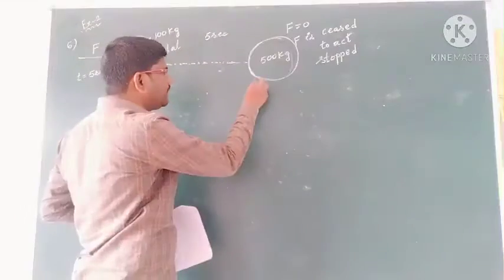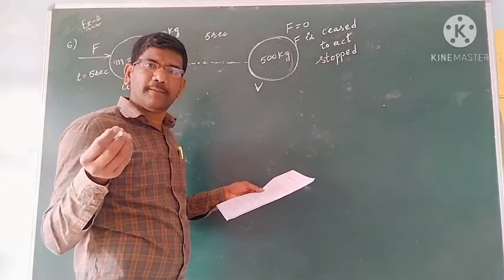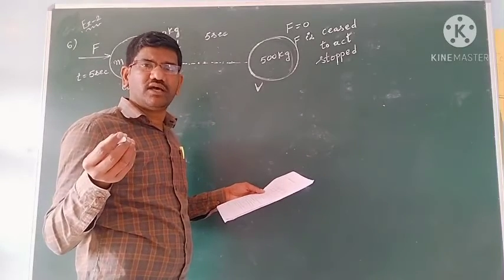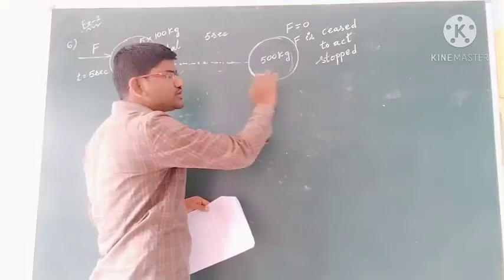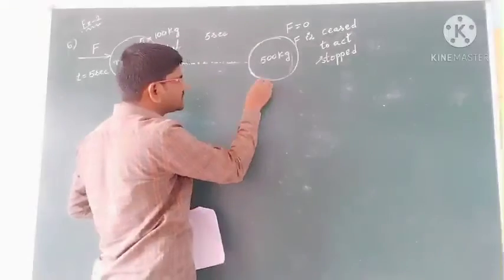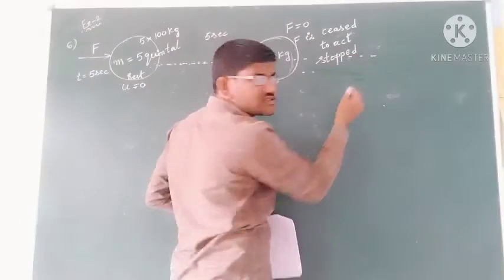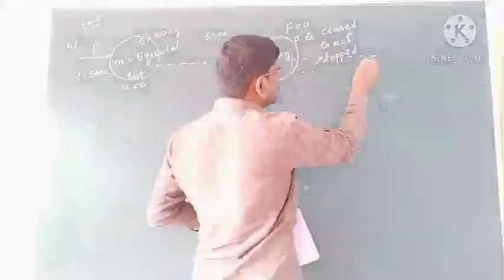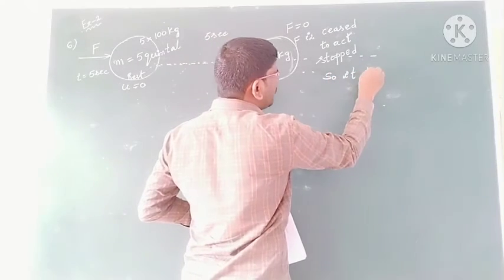Then what will happen when no net force acts on it? According to Newton's first law of motion, if a body is in motion, it will stay in motion forever. It keeps moving with the same velocity, that constant velocity. So what will happen, students?